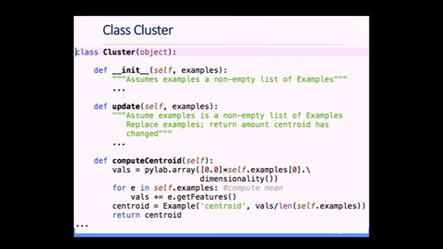Update is interesting in that it takes the cluster and examples and puts them in, if you think of k-means, the cluster closest to the previous centroids, and then returns the amount the centroid has changed. So if the centroid is changed by 0, then you don't have anything, right? Creates the new cluster. And the most interesting thing is compute centroid.